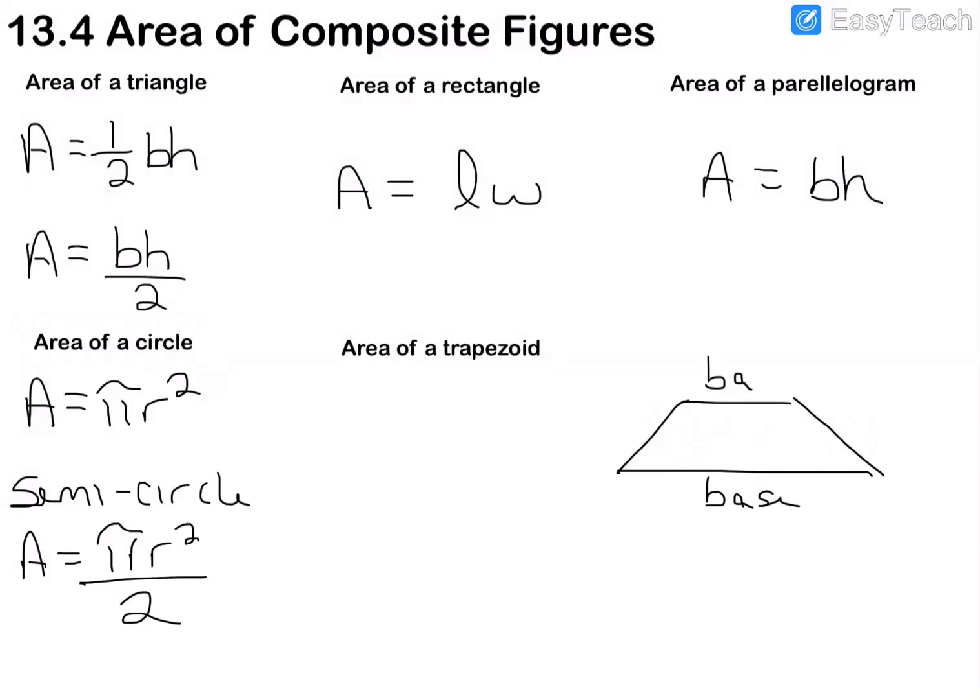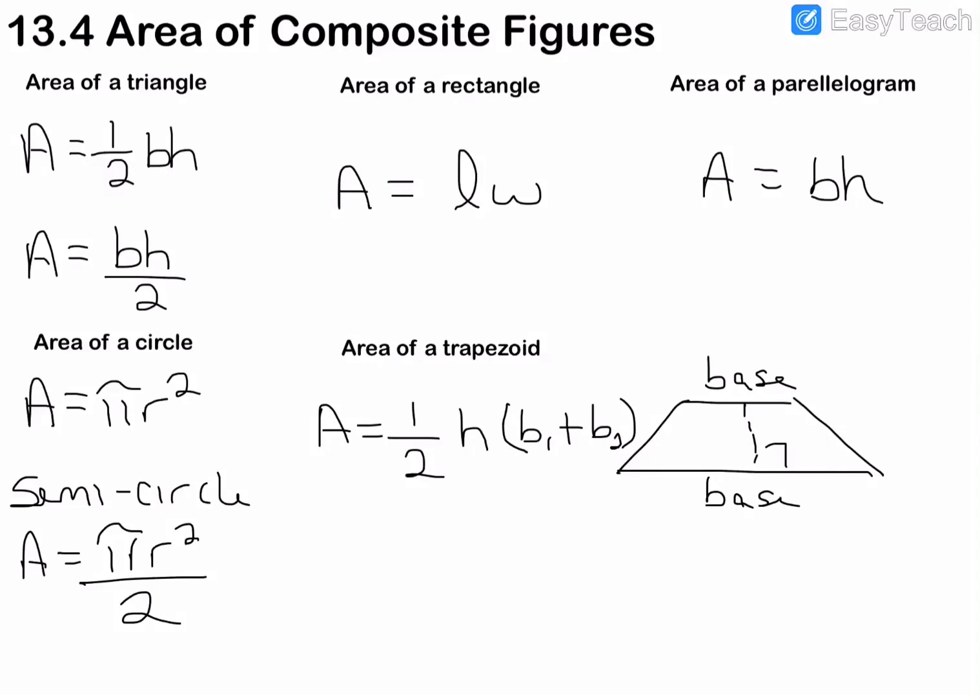So just so you can get a visual, the area of a trapezoid formula is 1/2 the height times base 1 plus base 2.